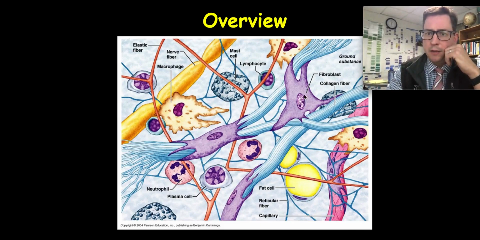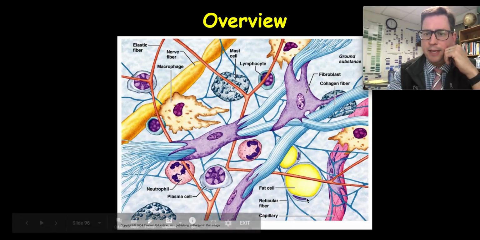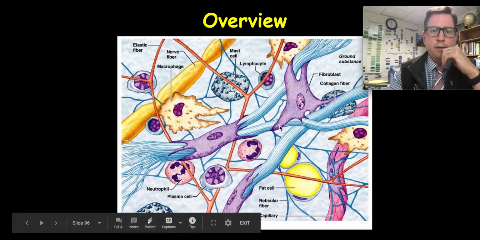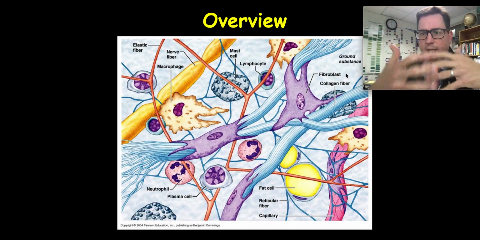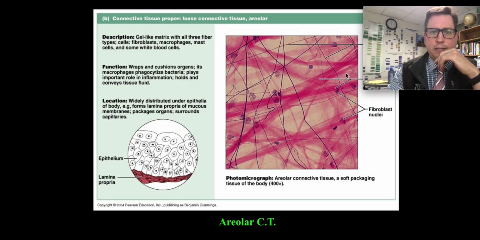The fibroblasts are the cells that are joined in there, but you can see there are all sorts of mast cells, lymphocytes, all sorts of other cells in the mix. Adipose, fat cells are in there too, but it's all this ground substance in the background. It's all about that extracellular matrix, and that's going to be seen here in our areolar connective tissue.